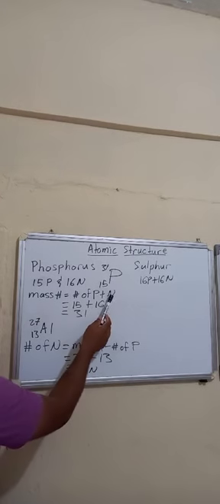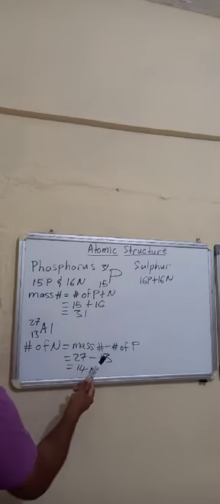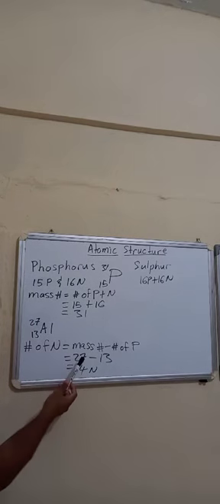So whenever you want the mass number, you simply add the number of protons and the number of neutrons. When you want the number of neutrons, you will be given the mass number and the number of protons. You just subtract the number of protons from the mass number and you get the number of neutrons.